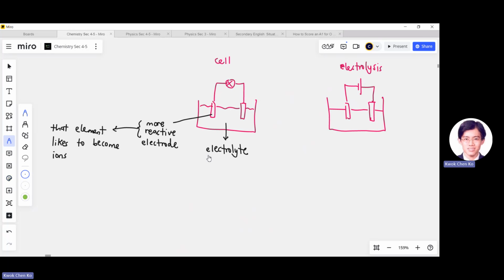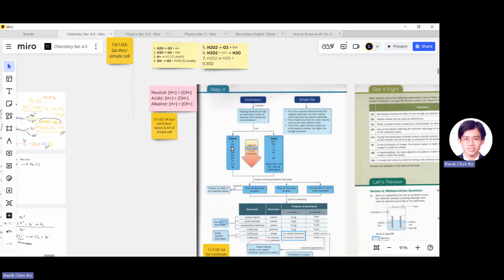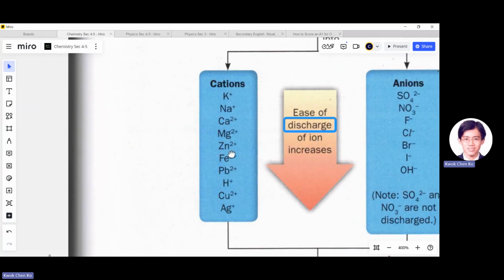So I give you a real example then. Let's say this one is zinc, the other one is copper. Now, if you refer to the table I've given you previously, of course, they form cations.